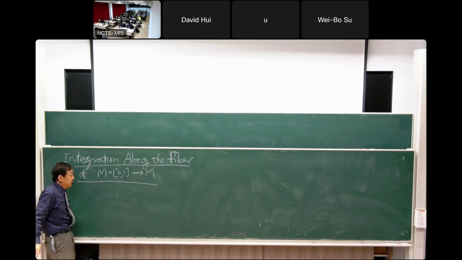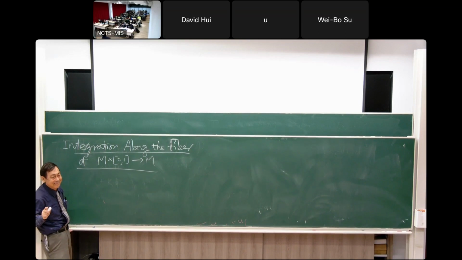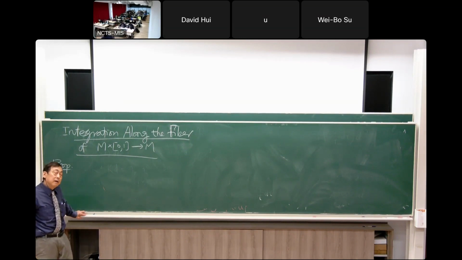All right. So this is where you have to watch me carefully. Integration along the fiber on a chart that we have defined is in terms of the coordinates x1 to xn.